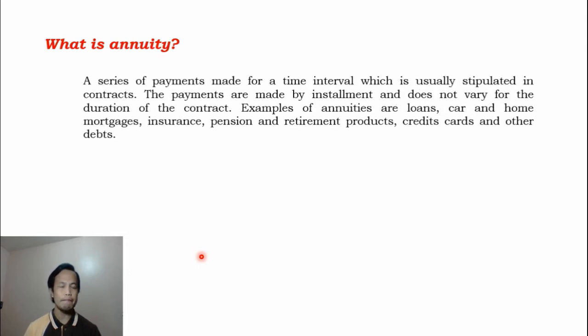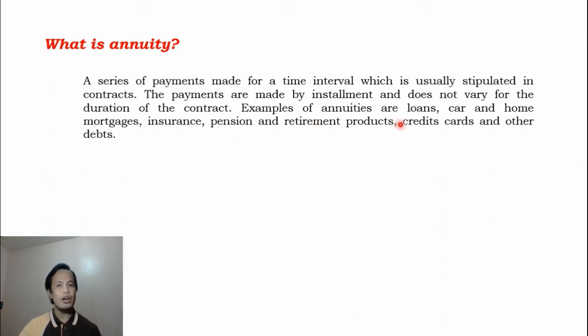So to proceed, what is an annuity? In general, an annuity is a series of payments made for a time interval, which is usually stipulated in contracts. The payments are made by installments and do not vary for the duration of the contract, meaning the payment is equal for each time interval.